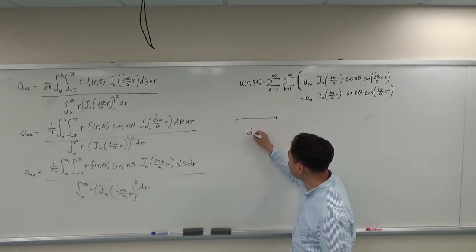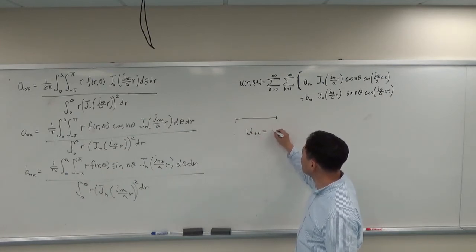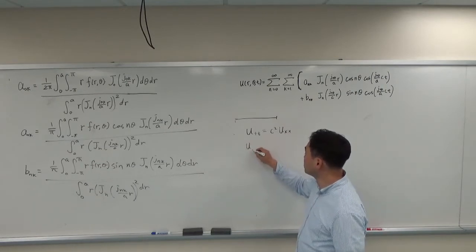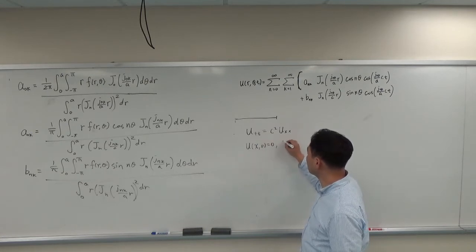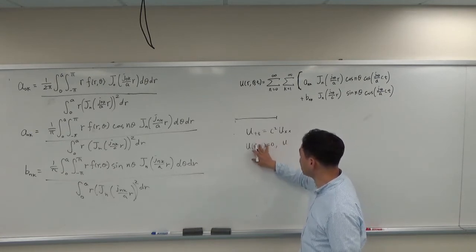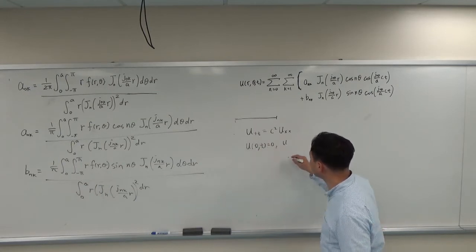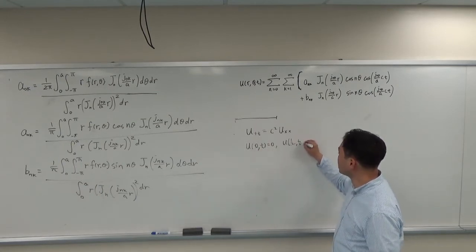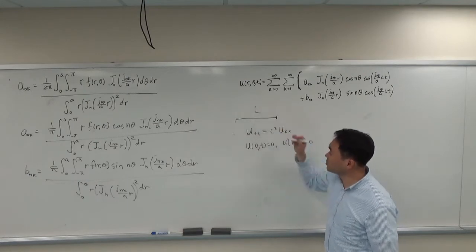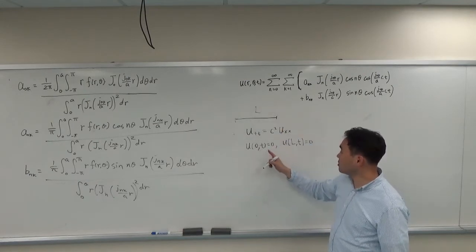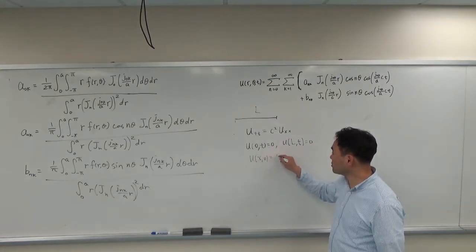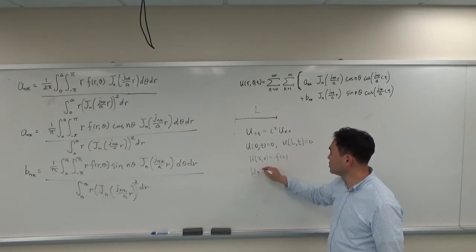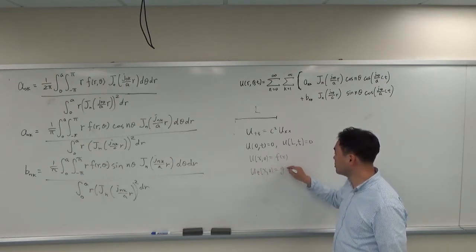So this one's u_tt equals c squared u_xx, and u(0,t) is 0, u(L,t) is 0, so it's a length L string and the endpoints are tied, and you have u(x,0) as some function, and u_t(x,0) as some function.